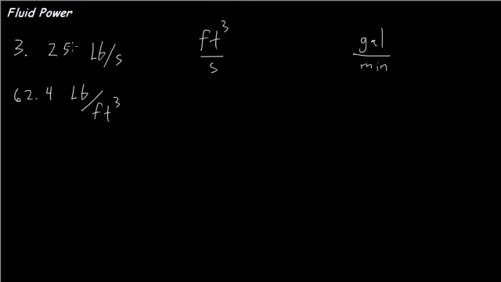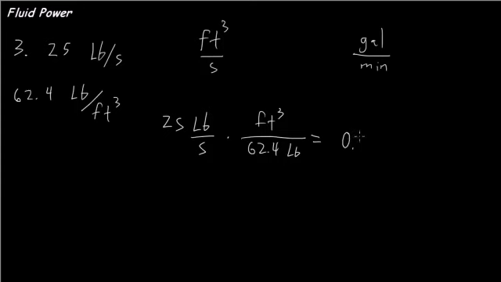So this is our water flow, 25 pounds per second. Density of water is this, so that'll let us convert to cubic feet per second. So I take my 25 pounds per second, and I put 62.4 pounds per cubic foot. And I get 0.4 cubic feet per second.